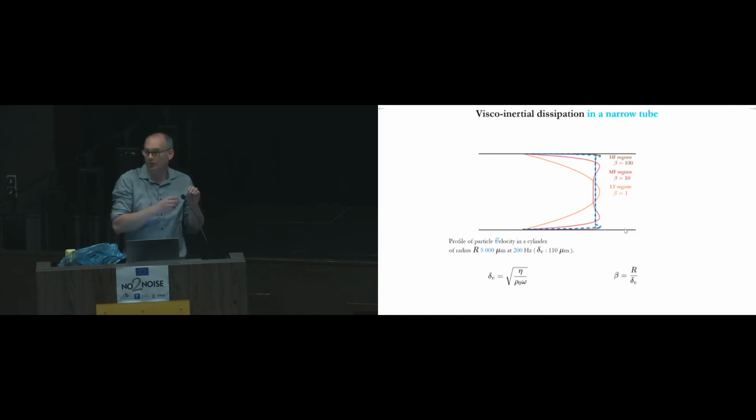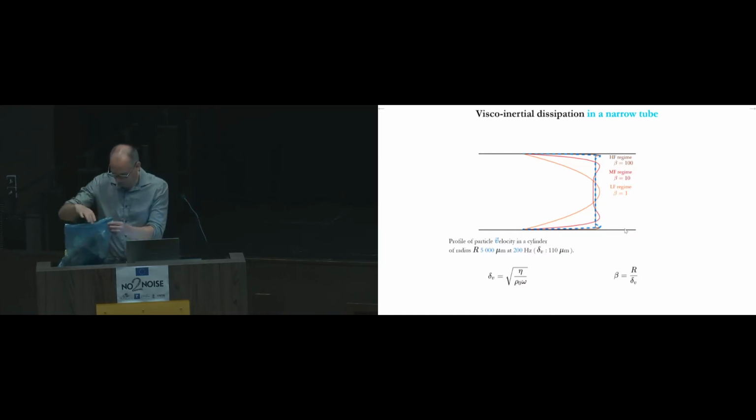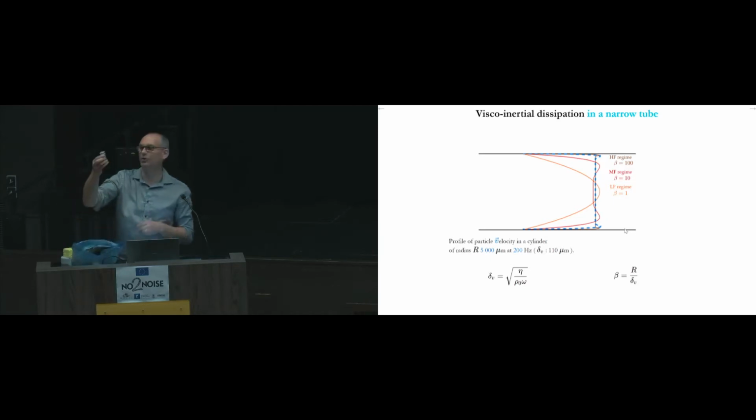With smaller pores, the viscous boundary layer is so high that you have difficulty for the flow to go through the material. So it's almost impervious. You have reflection, so no dissipation inside the pore. If the pore is too large, this material is too open.